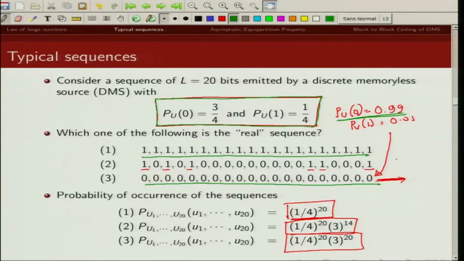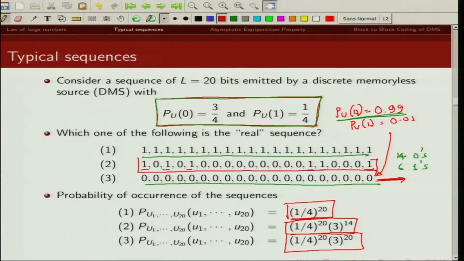Whereas here, as I just mentioned, it has 14 zeros and 6 ones, and roughly if you take a large enough block size, I expect 3/4 of those bits to be zeros and 1/4 of them to be ones, which is close to what I am getting in sequence number 2.